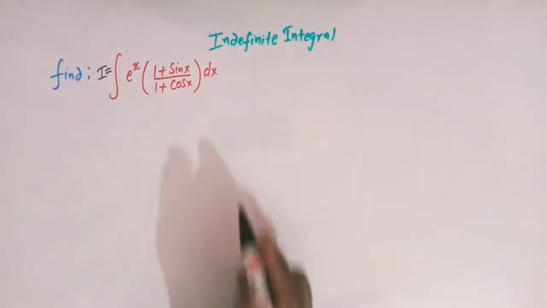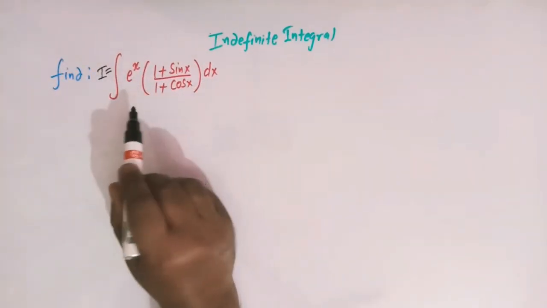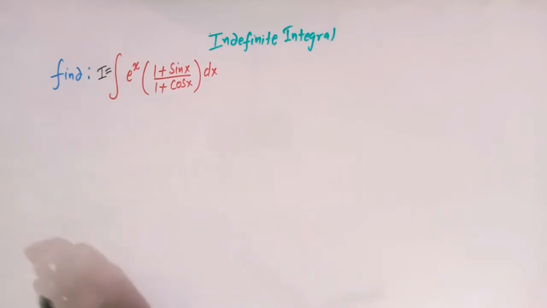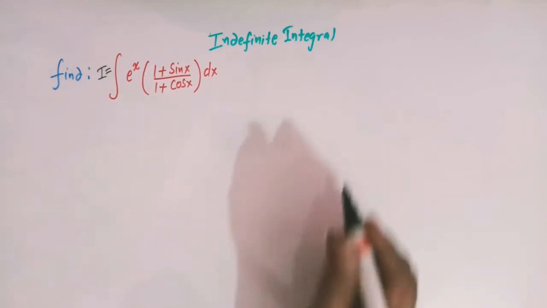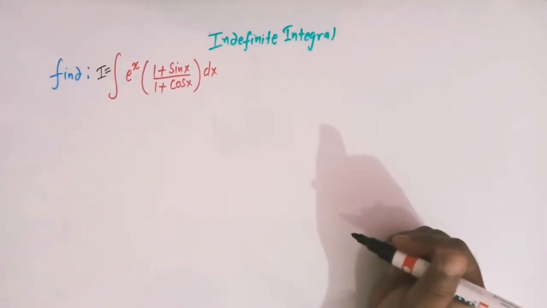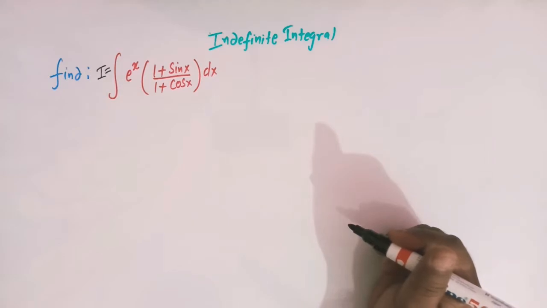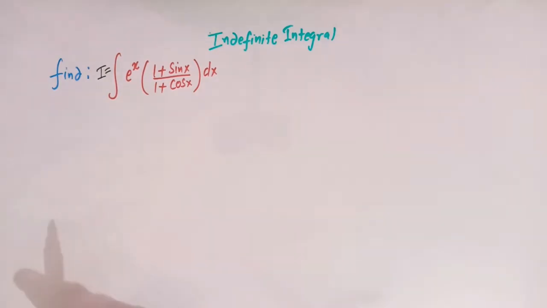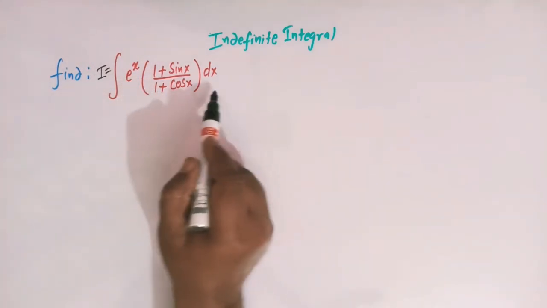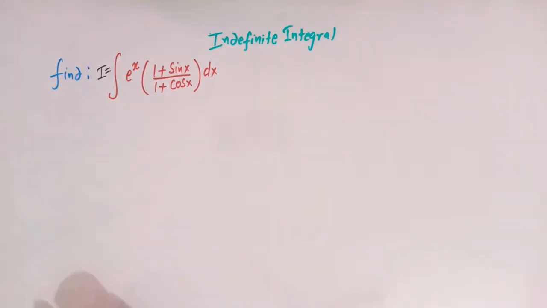Now, in order to evaluate this integral, we have to make use of two important concepts. The first one is to use the trigonometric identities, and the second one is an important form in indefinite integrals. We'll see that form in our later discussion.